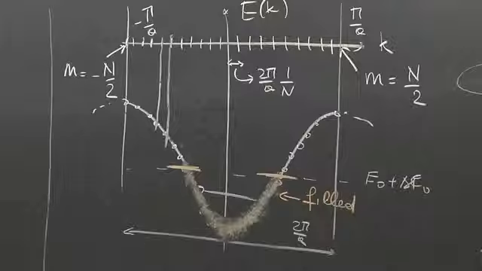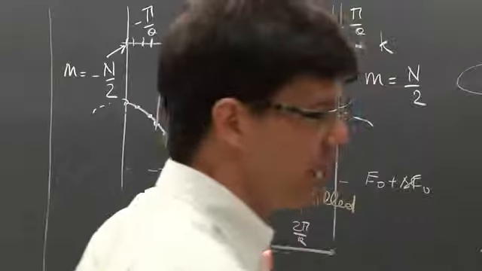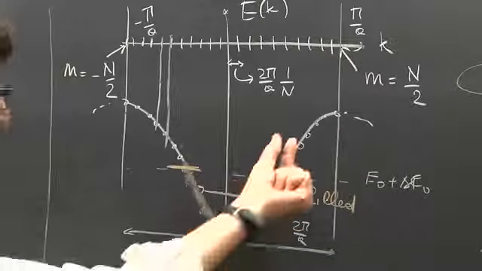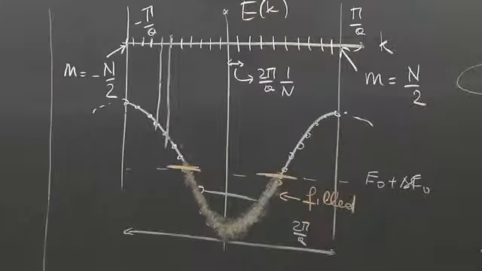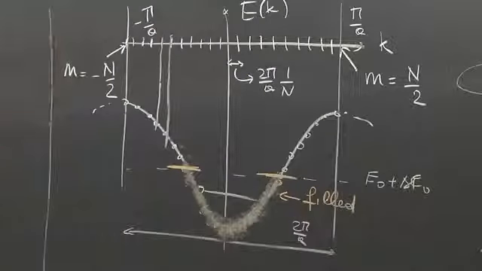Up to this point. And the other states will be empty. Now, sending n to infinity doesn't change qualitatively the picture. It just makes the separation between these states finer and finer, but there's no reason why our discussion will change if n is infinity.